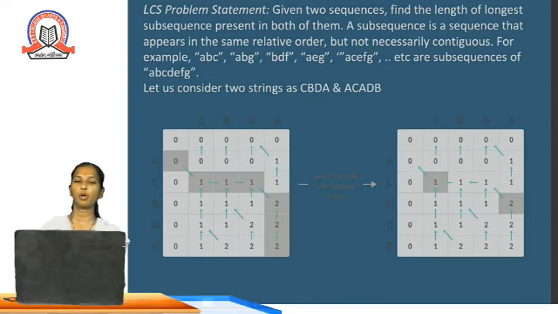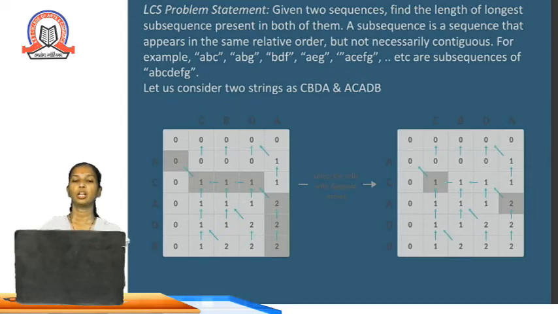The top is 0 and the left is also 0. So A and C compared, hence the entry 0. A and B compared, hence also 0. Next A and D, so also 0. Why? Because we take the max of the left and the top element, which is 0.